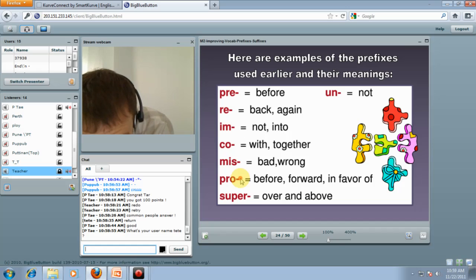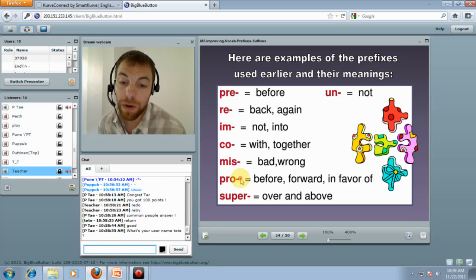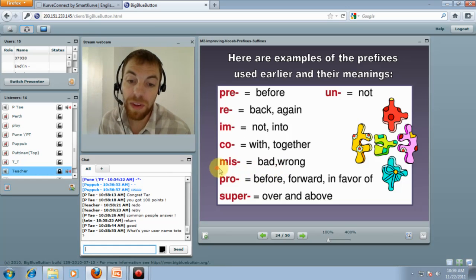Next one. Miss is bad or wrong. So a mistake is something you do that is wrong. Or misspelling is wrong. Misbehave is to act bad.